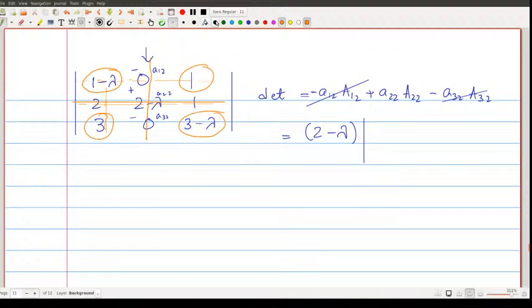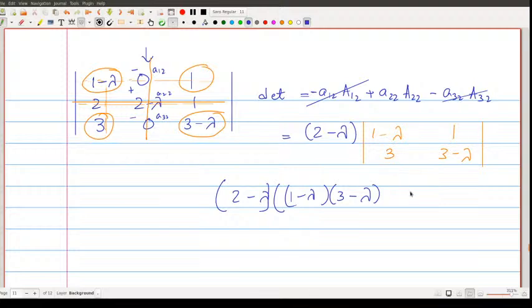So that's the matrix I need to construct. So the determinant of 1 minus lambda, 1, 3, and 3 minus lambda. And you can see that you get the exact same equation that you got. This equation is 2 minus lambda, and the determinant on the inside is 1 minus lambda, 3 minus lambda, minus 3. That's exactly what we got.